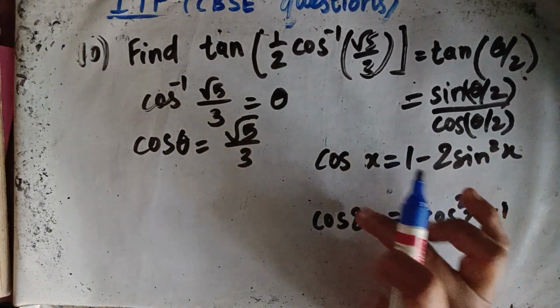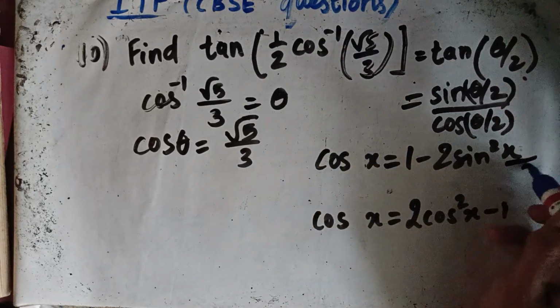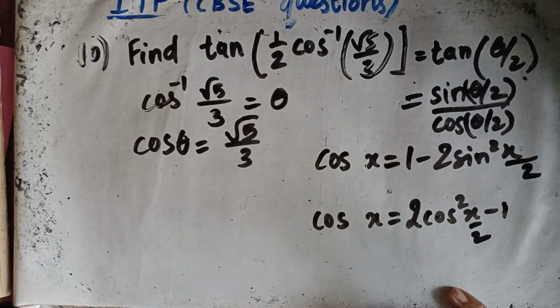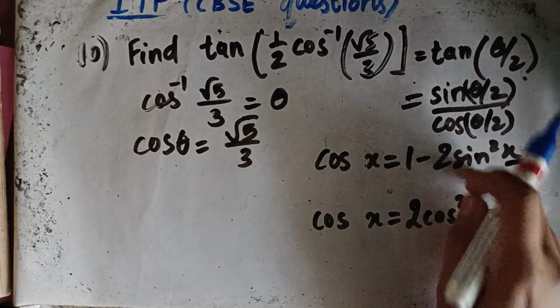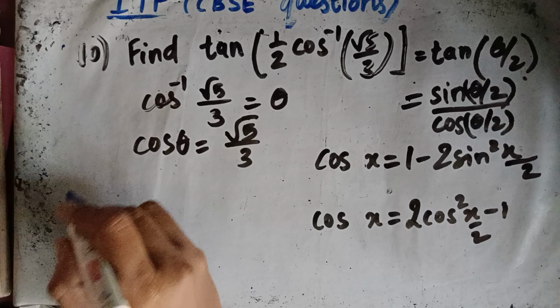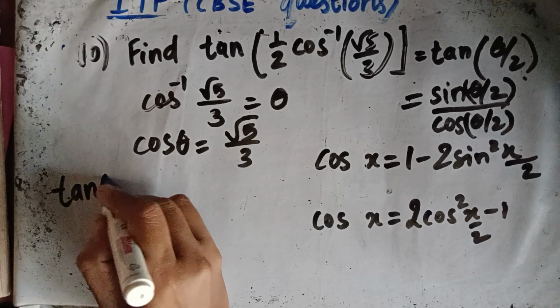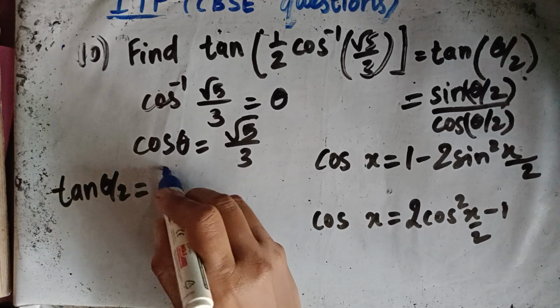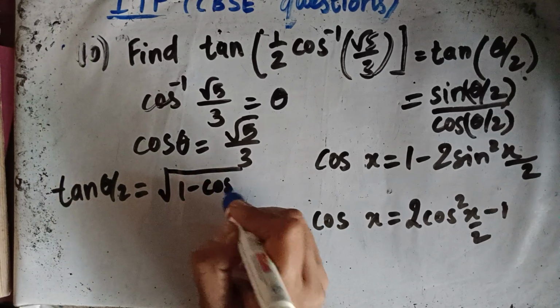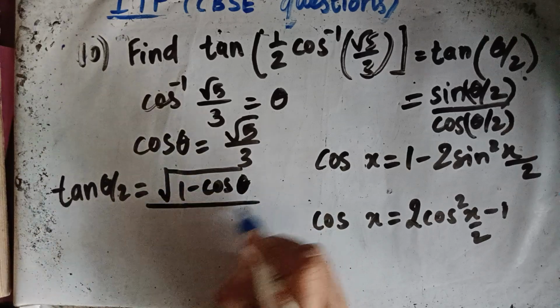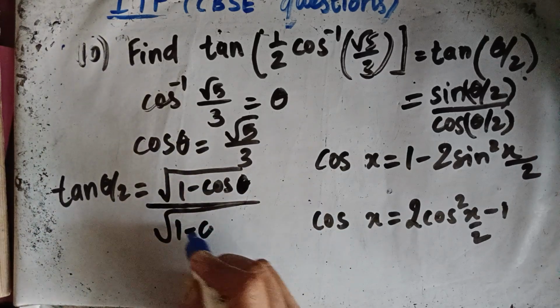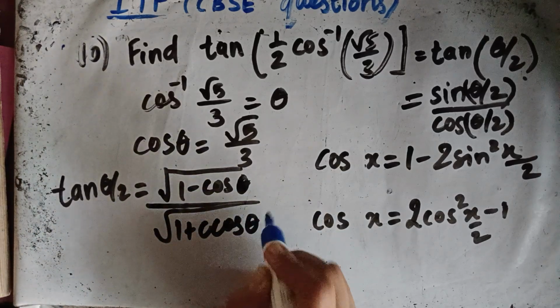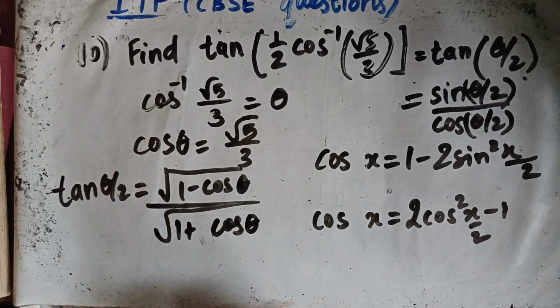So when you take the half angle, you will have the formula tan theta by 2 as root of 1 minus cos theta upon 1 plus cos theta. You can write it by using this formula.